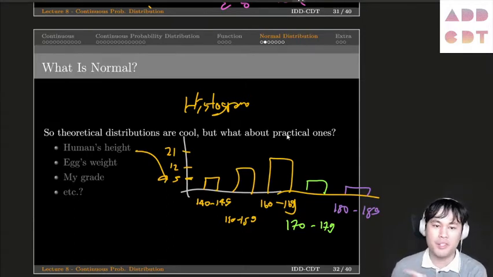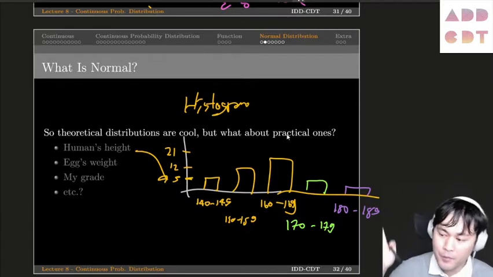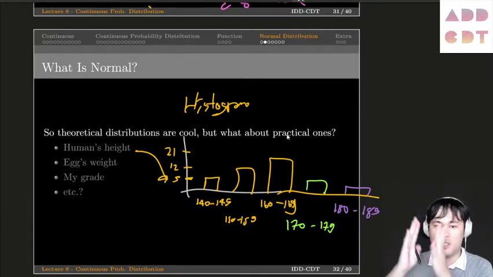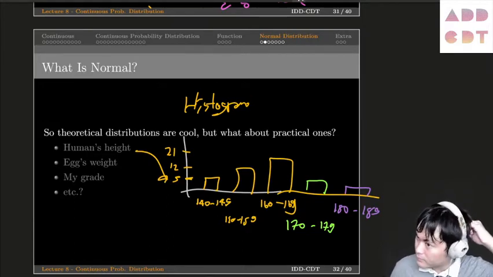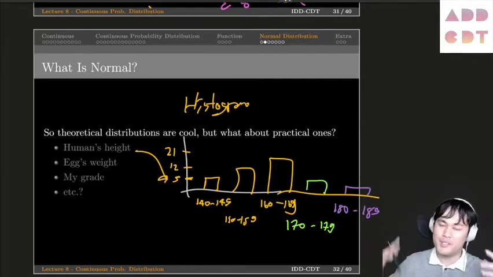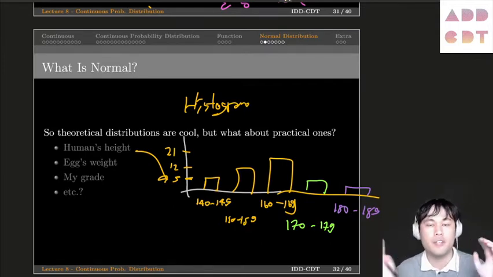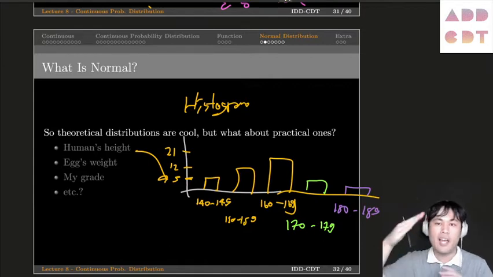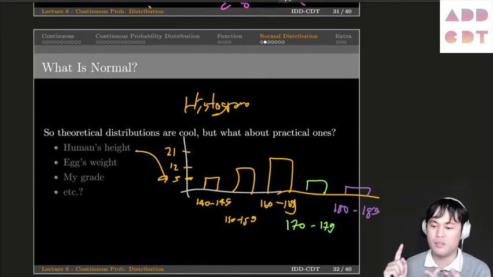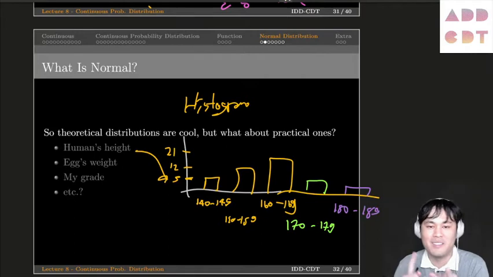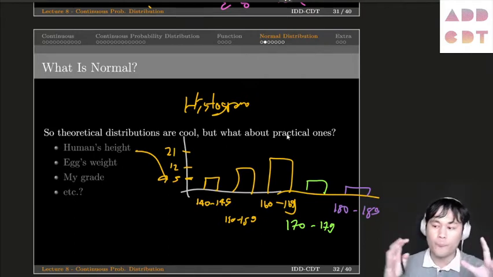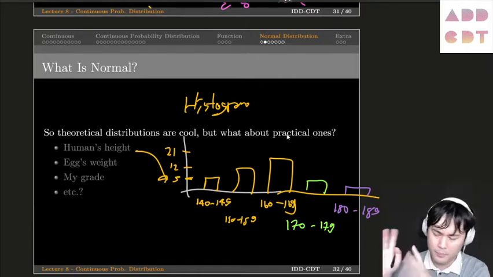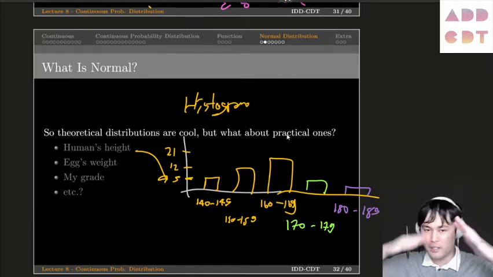But you can see there's kind of a trend here. First of all, it seems like the middle is the most popular, or the most common one. And that's kind of intuitive, because if heights are random, there are several factors that contribute to how tall a person will be, like genes, nutrition, luck, and some other random factors, and all those factors combine together to make people taller or shorter.